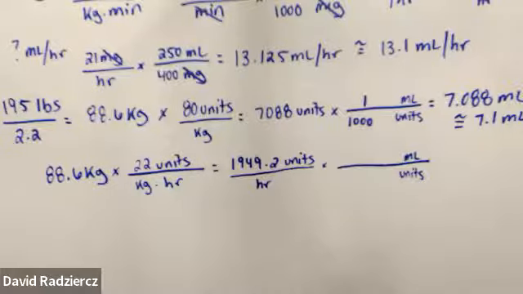88.6 times 22. So 1949.2 units per hour. Okay. Now I'm looking for milliliters per hour.